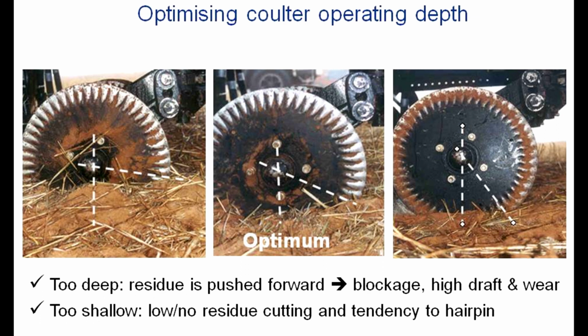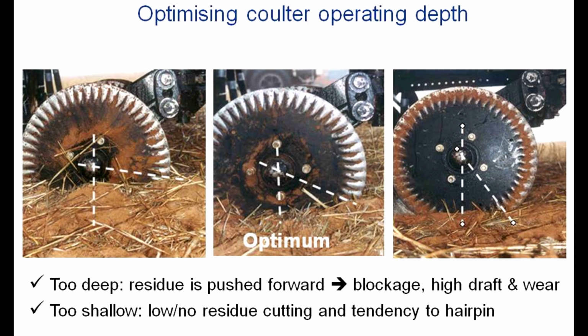You don't have much backing of the soil to push against to just part the residue with a sharp edge push. So the two actions really typically need to be optimized, and what this means is, for a coulter for example, there's an optimum depth. If you're too shallow, you're going to promote hairpinning, and you're relying mostly on parting and wedging, so it's going to need a really sharp cutting edge and also a pretty hard soil to cut through residue in this situation.